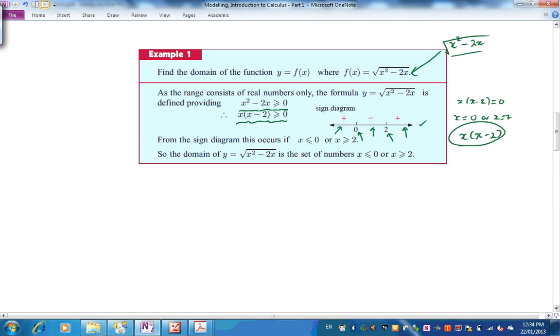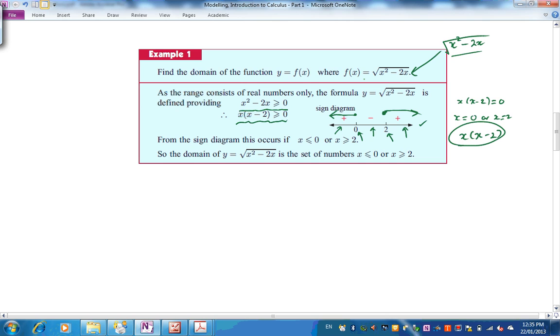When is it going to be positive and when is it going to be negative? So where is it allowable? Where is it positive? Well, only from there up. We will include the value 2 because you can have x squared take 2x equal to 0. You can find the square root of 0. So you can find that here. And then the other region is from 0 down.